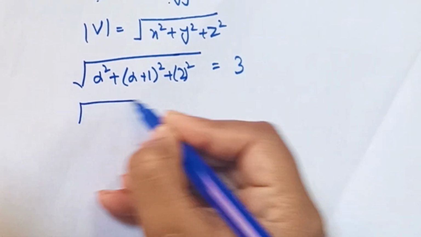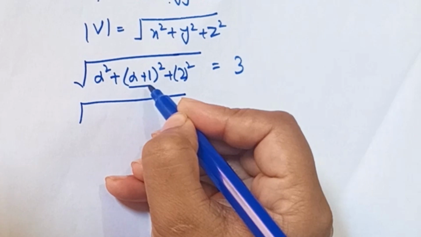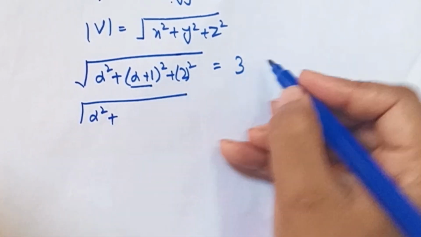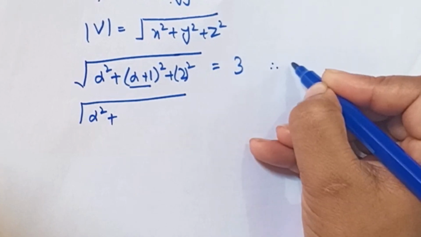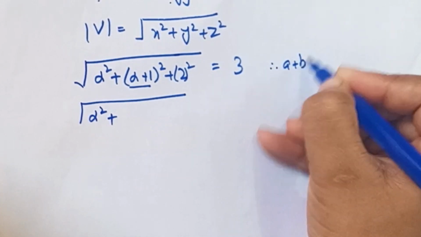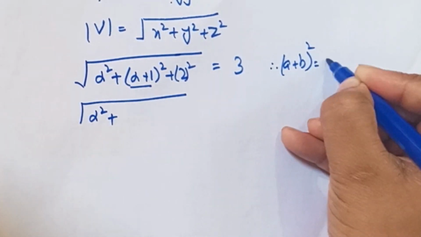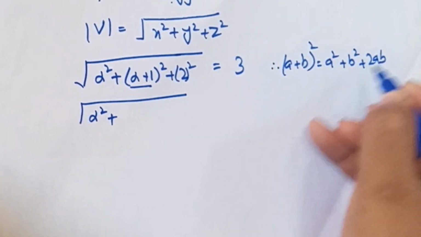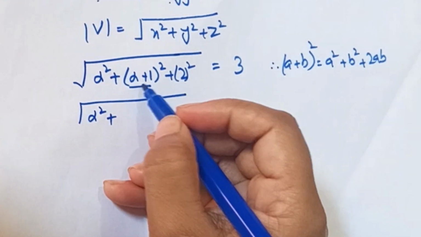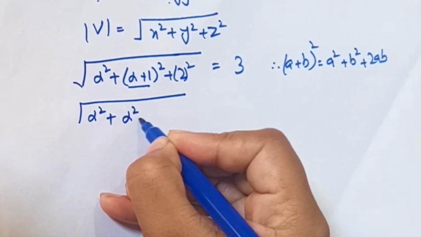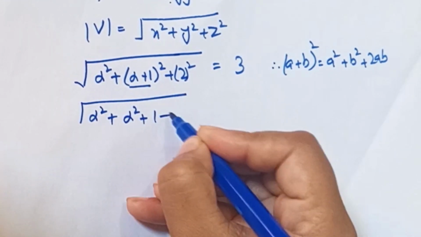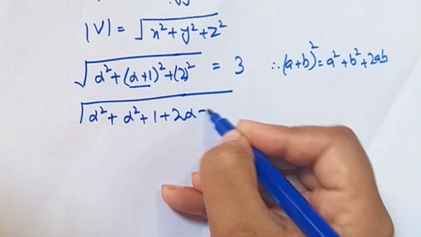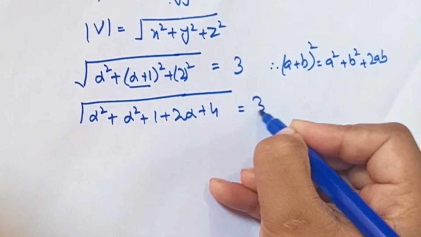In the next step, we use an identity on this middle value: (a plus b) whole square is equal to a square plus b square plus 2 times the product of a and b. We apply this property on this value, so this will become alpha square plus 1 plus 2 times alpha, and 2 square is 4, which is equal to 3.